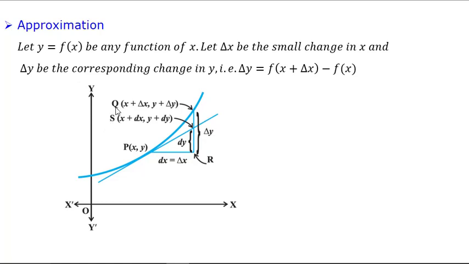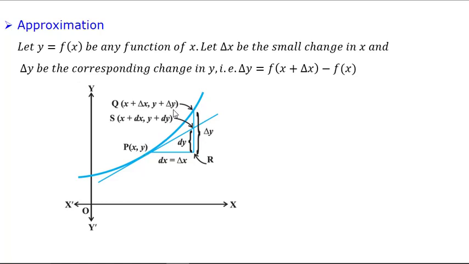One is point Q and one is point S. Now here the point Q is the actual change in the coordinate y, right? So when x changes to x plus delta x, the y changes to y plus delta y. This triangle shape is read as delta y. So for a change of delta x, there is a change of delta y in y.